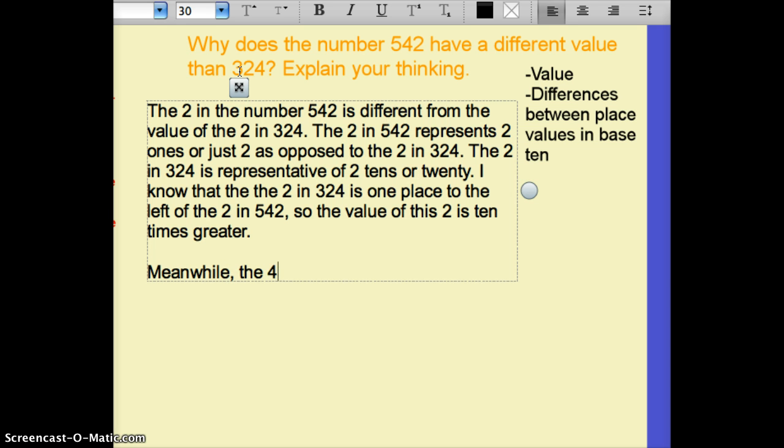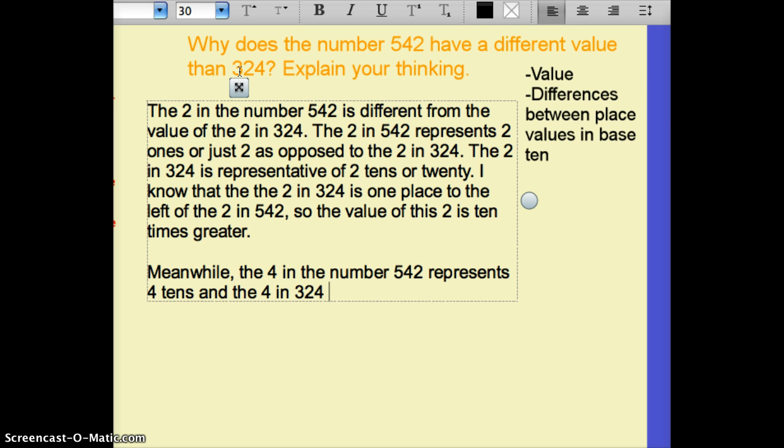Meanwhile, the 4 in the number 542 represents 4 tens, and the 4 in 324 represents 4 ones.